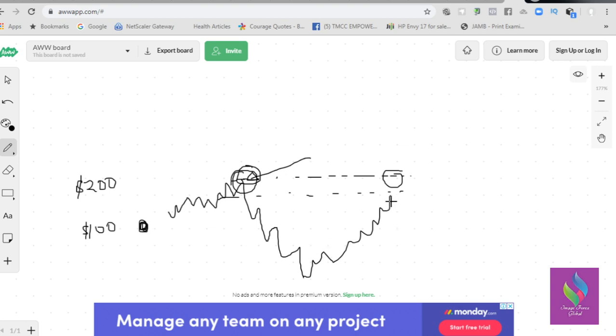Now, if price gets to this point, what happens? Because of the panic that was created right here, the memory that was created right here, it created another position for support right here.